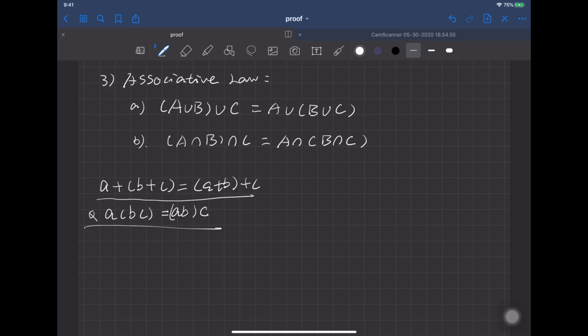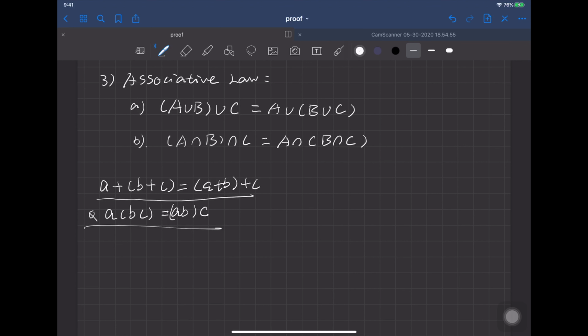It's really similar for multiplication. You can calculate b times c first, or a times b first. It doesn't have any impact on our result. That's really similar in our sets.